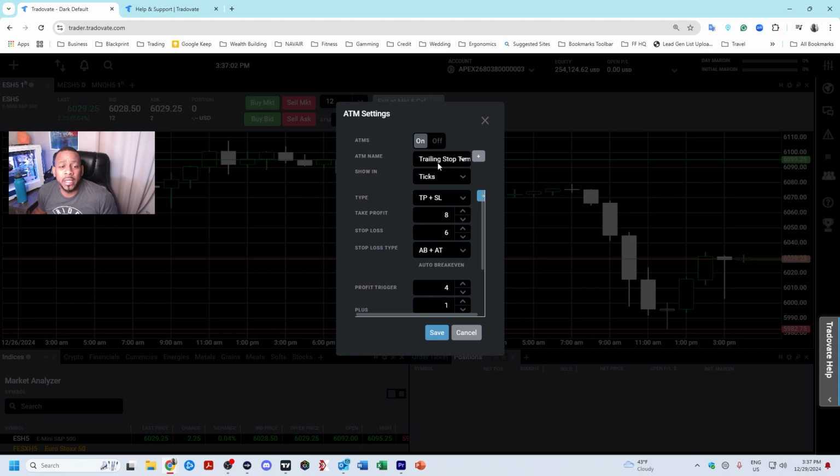So you set up your trailing ATM name, at the market name. I use ticks. I don't use dollars, but you can set delta price. You can set dollar value. I typically use ticks because it takes away the emotional attachment. When you start seeing your money go up and down, you know, sometimes people panic or whatever. I use ticks. I know if I'm risking 6 ticks and I'm doing a 3-to-1, I need 18 ticks.